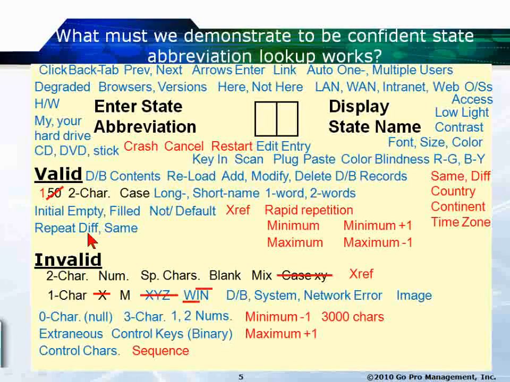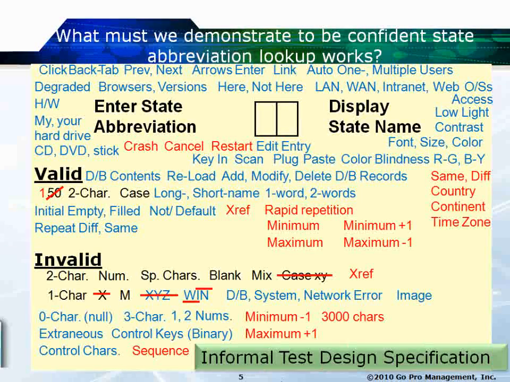We've got things that are valid tests, and tests of invalid conditions. Okay? Those are all things that need to be demonstrated to be confident that the state abbreviation lookup works.